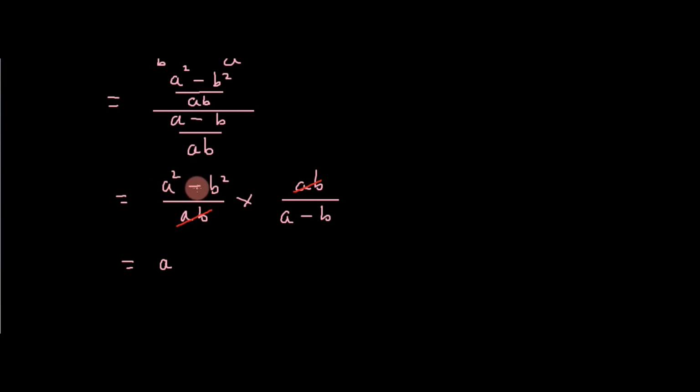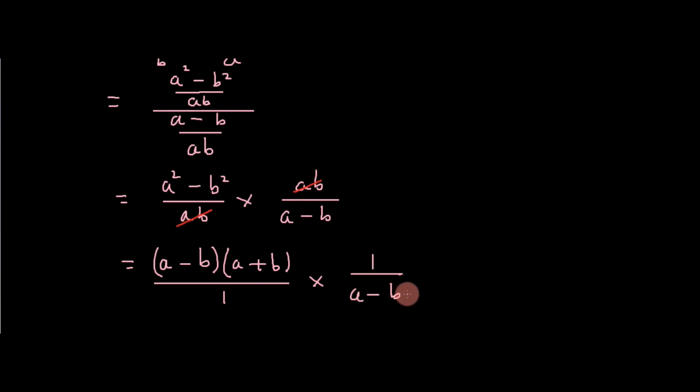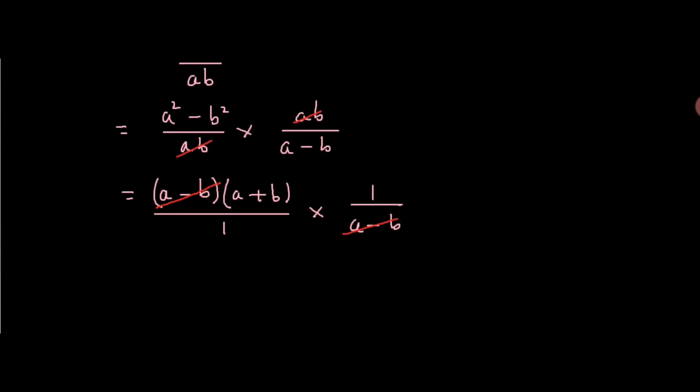Now, this is a difference of squares. So it's a minus b when we factorize times a plus b. So this is all over 1. And then multiplied by 1 over a minus b. These factors in the expression cancel. And then we are left with a plus b.